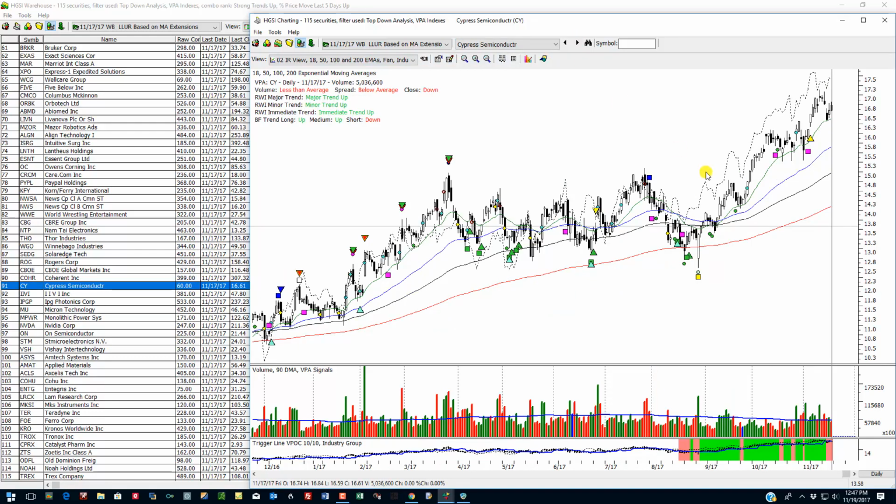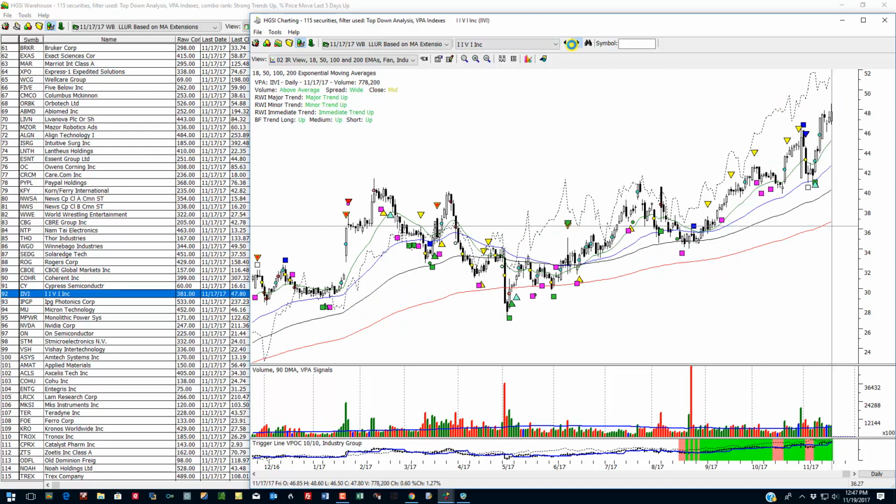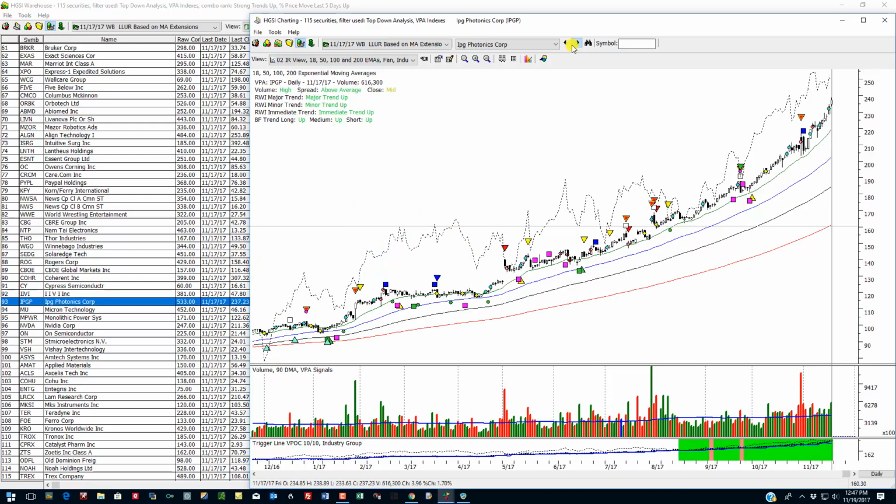Cypress Semiconductor, it was consolidating back here. It took off. It's struggling a little bit now, but you can see that all of these, this IPG Photonics is just a tremendous chart.